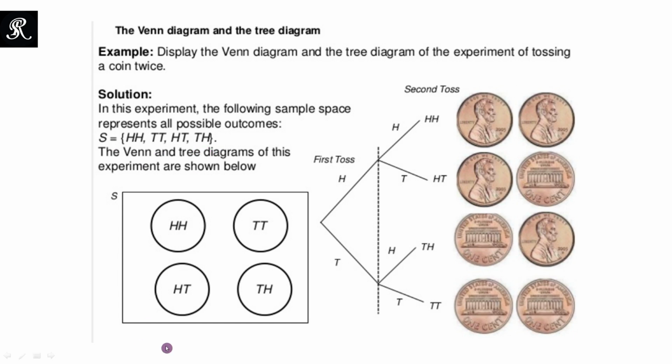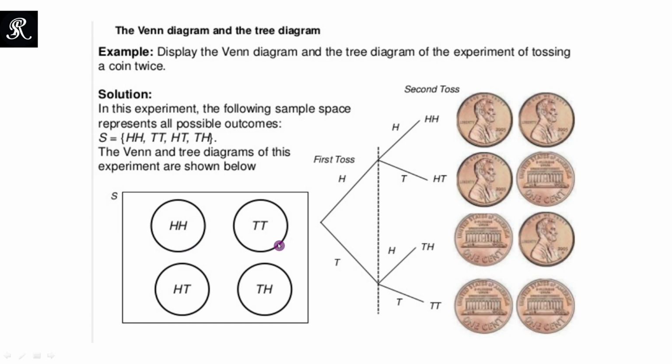And in this way we can represent a Venn diagram for the experiment of tossing a coin twice, where the first event represents that on both coins there appears a head.